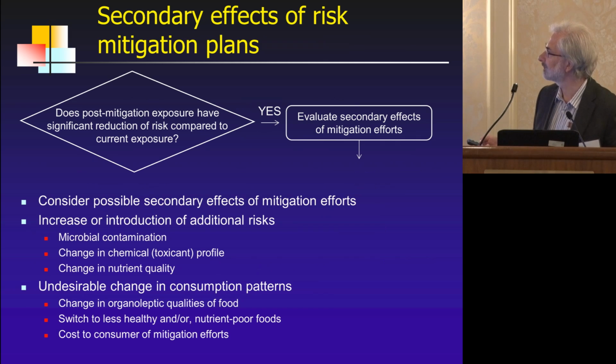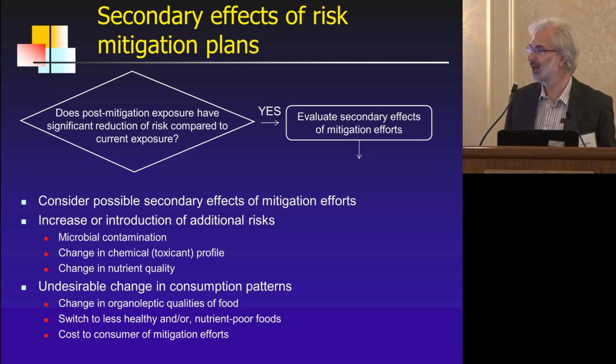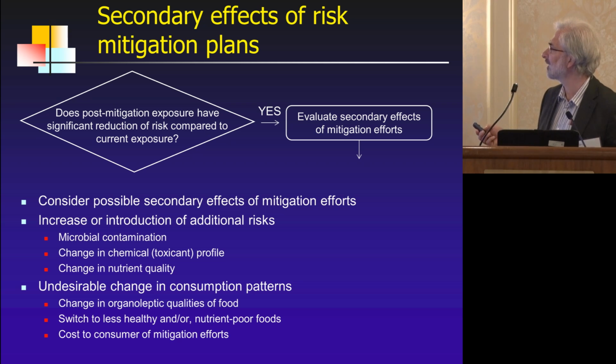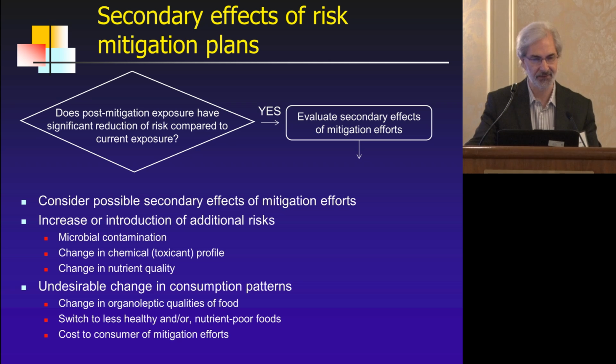If the mitigation exposures have achieved a significant reduction by these criteria, then we evaluate the secondary effects of mitigation efforts. And this is where risk-benefit considerations come in. We might increase or introduce additional risks. We could think about certain cooking practices which increase the probability of microbial contamination.